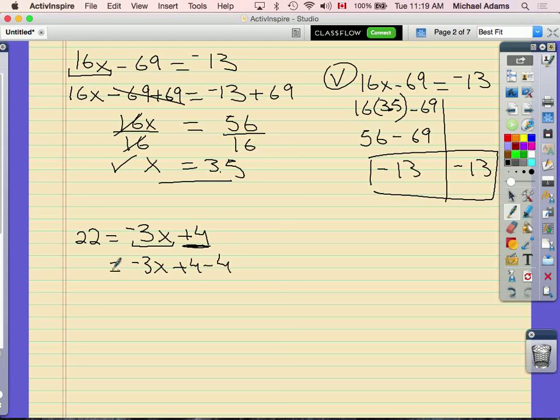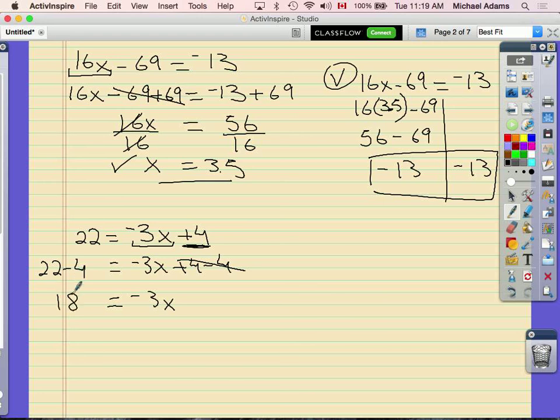Good. And I do the same thing on the other side. Take 4 away. What I do to one side, I do to the other. Here, these cancel out, and I'm left with a negative 3x on the right side. 22 minus 4 on the left side, well, that simply gives me 18.